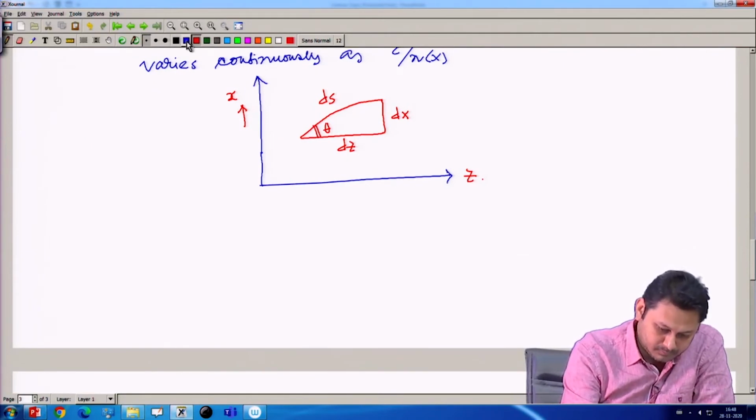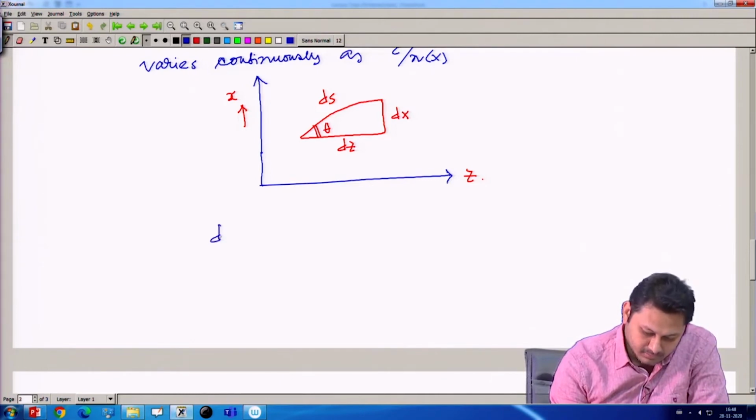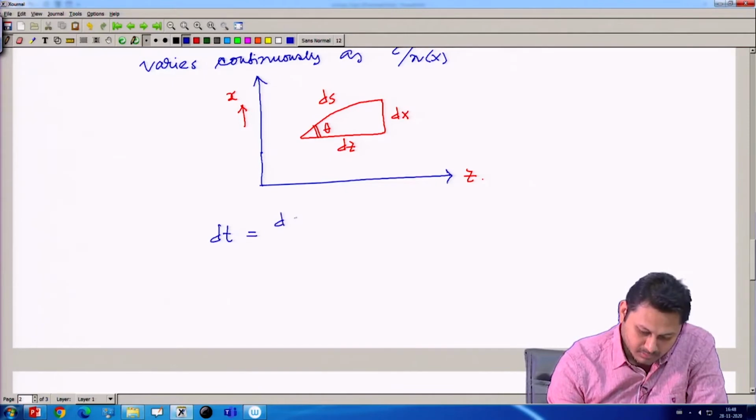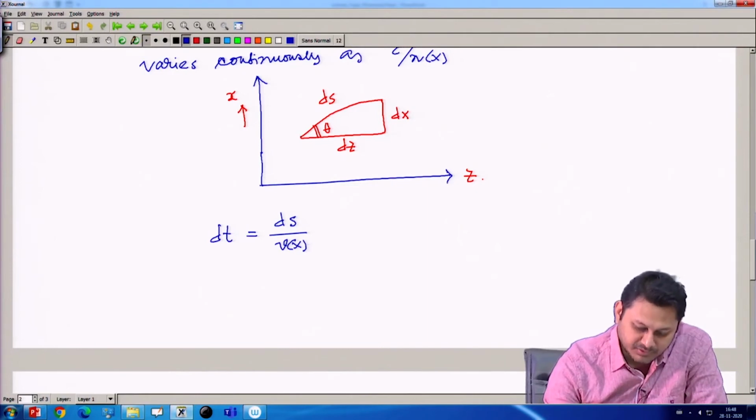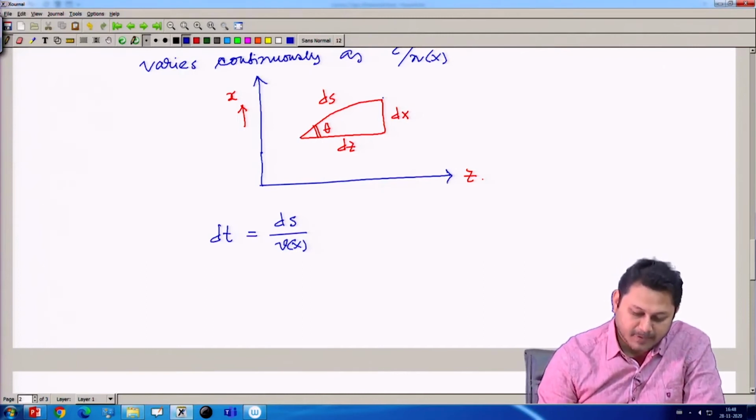Now, dt will be ds divided by v of x. Dt is the time the ray takes going from this point to this point. In order to travel the ds path, the time taken by the ray is dt here.